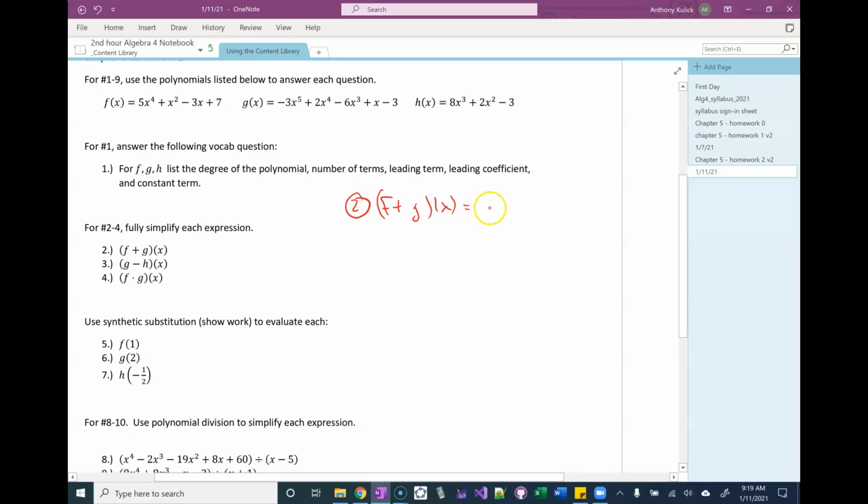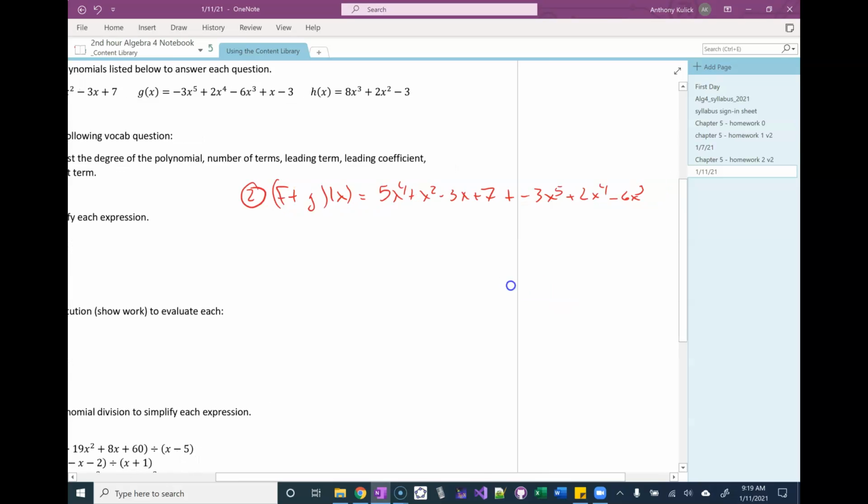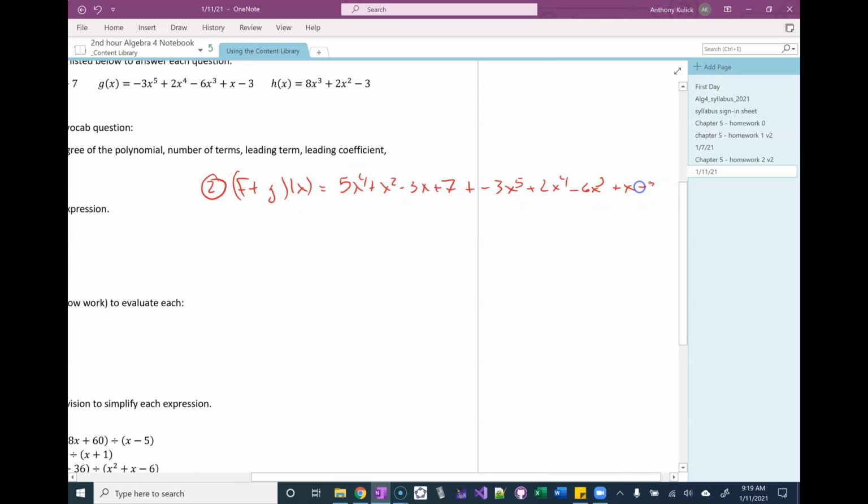Basically, all we're doing there is we're going to take f of x and then add to it g of x. And then we're just going to look for some like terms to combine.